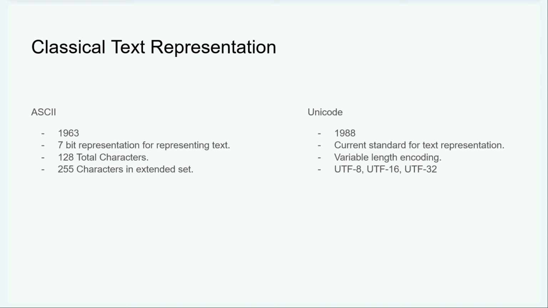Now, Unicode is different from ASCII. It is a variable length encoding. You can reserve up to 4 bytes to represent text, and you start with just 8 bits initially, and then if you need more, you can go 2 bytes. If you need more, you can go 3 bytes. And then this standard extends to UTF-8, UTF-16, and UTF-32.